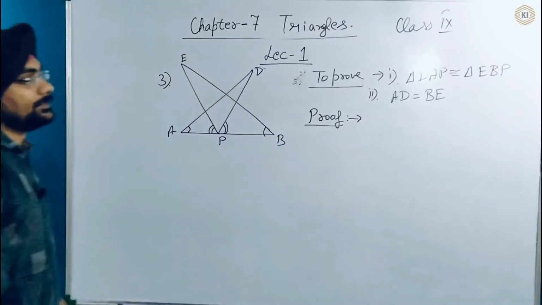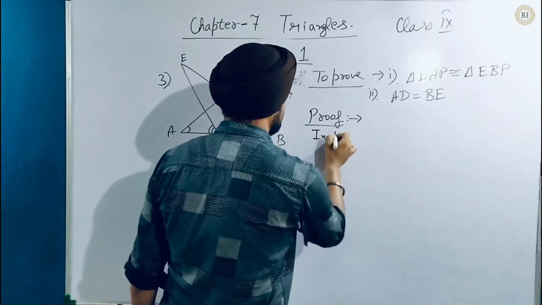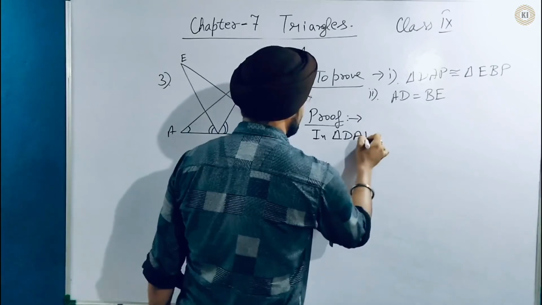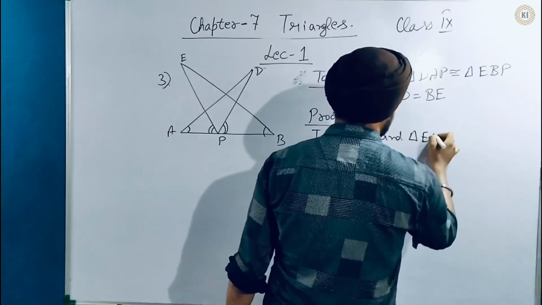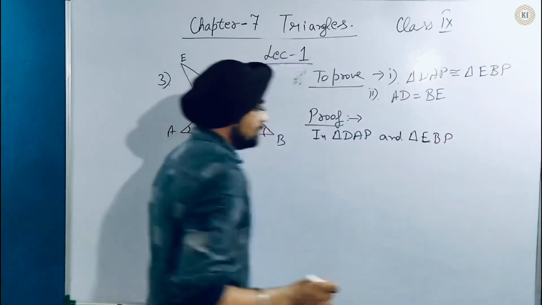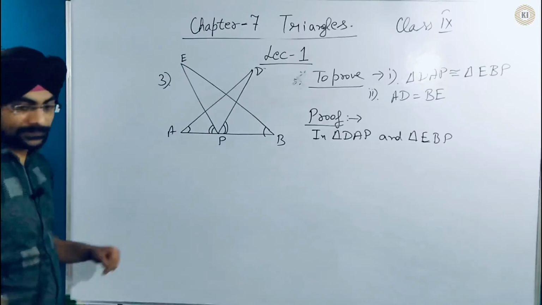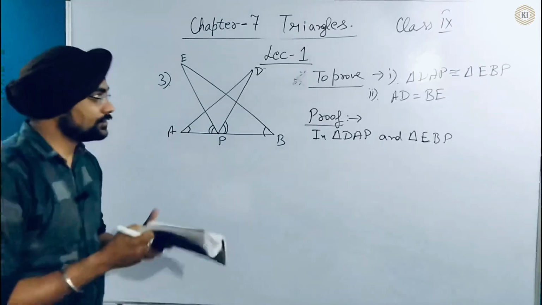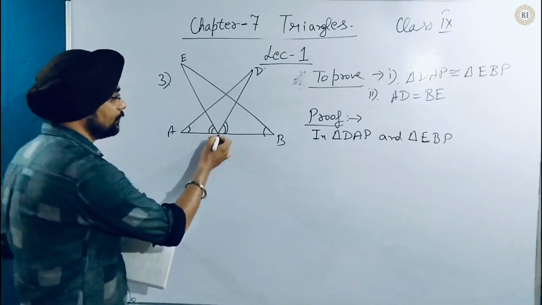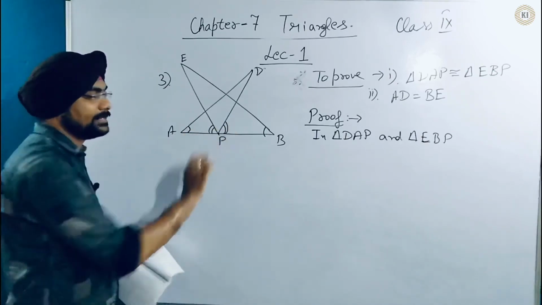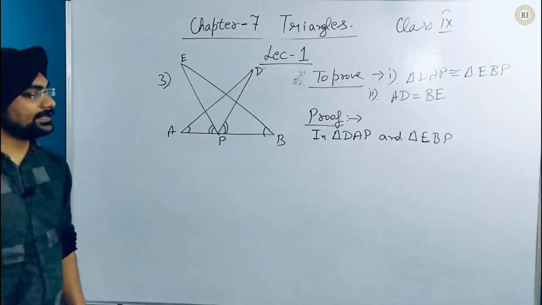First of all, we will take both these triangles, DAP and EBP. In triangle DAP and triangle EBP, it is very easy to find whatever things are given in the question. The question says that AB is a line segment. One more thing is given, P is the midpoint, it means AP and PB will be equal. And these angles which have been marked are equal.